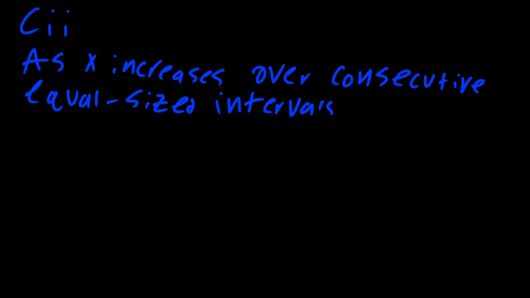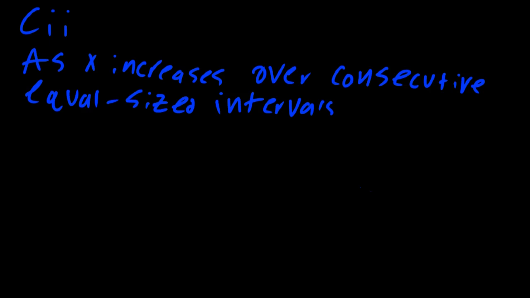And now we're going to be talking about the change in the output values of f. If you remember, they have a constant second difference, which is characteristic of a quadratic function.